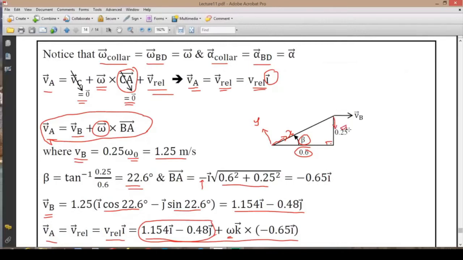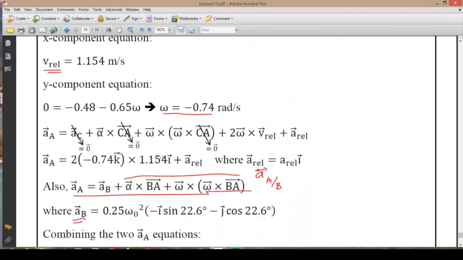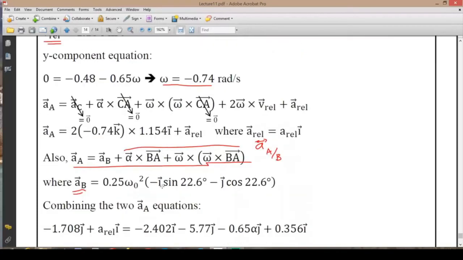This is due to the centripetal acceleration, and the resolution of that will be a negative i and a negative j, in this XY frame.